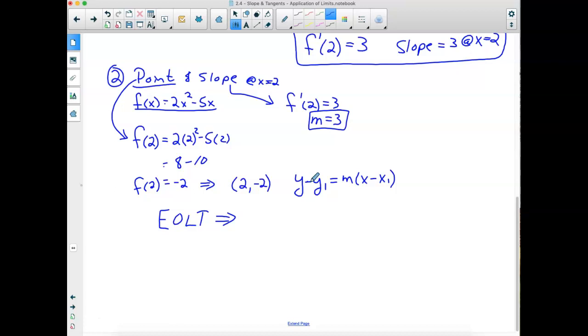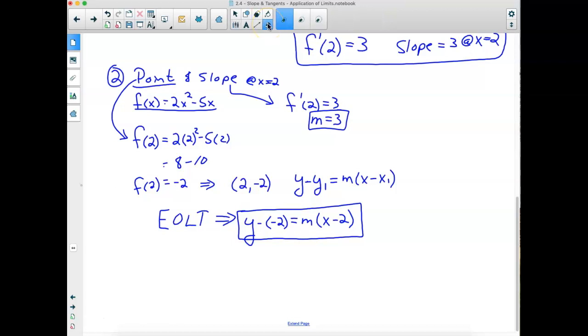So I'm going to say y minus negative 2 equals m times x minus 2. I can leave it like that for the AP test. There's lots of 2's in there. Whoa, I don't want an m in there. We know what m is. We said m was 3, so I have to put my 3 in there.